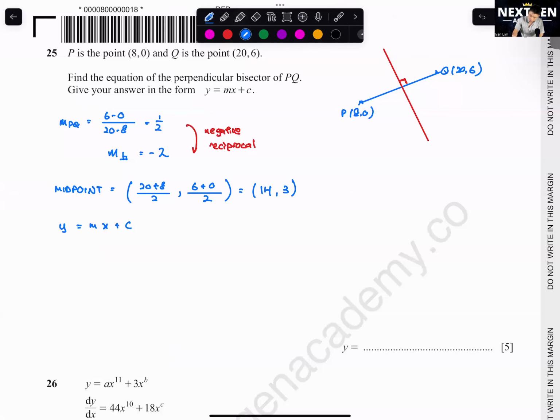We just take (14, 3) and m is negative 2. Sub m equals negative 2 and (14, 3). We'll get 3 equals negative 2 times 14 plus c, which is minus 28 plus c. c is 3 plus 28, which is 31. Therefore, y equals mx plus c, y equals negative 2x plus 31.